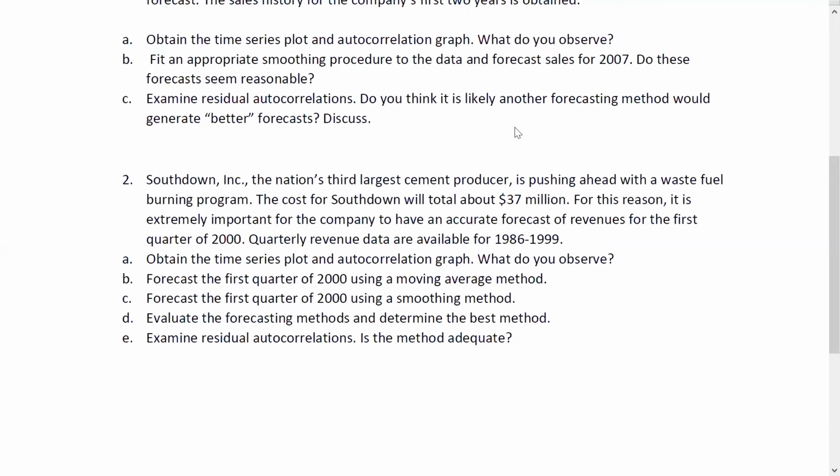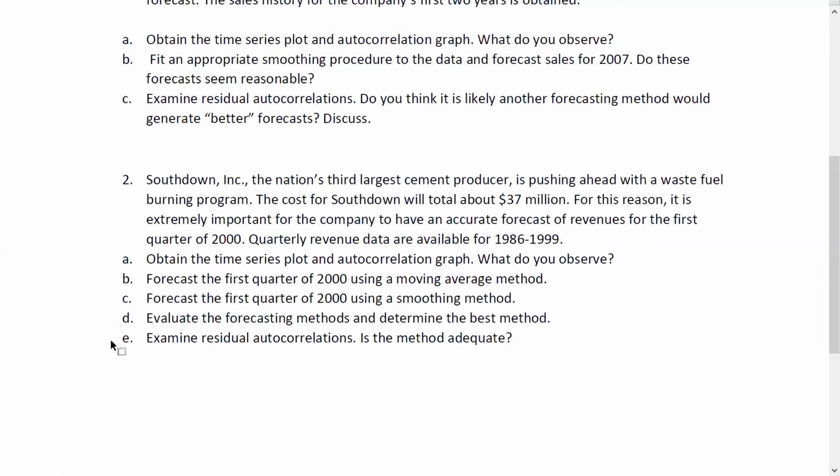Part A, obtain the time series plot and autocorrelation graph. What do you observe? Part B, forecast the first quarter of 2000 using a moving average method. Part C, forecast the first quarter of 2000 using a smoothing method. Part D, evaluate the forecasting methods and determine the best method.